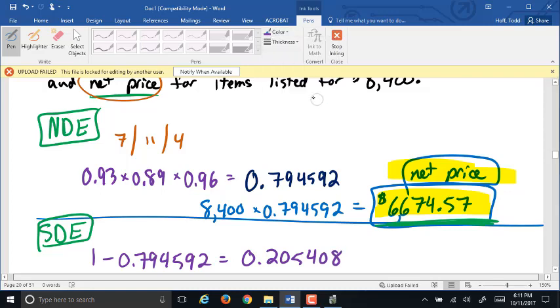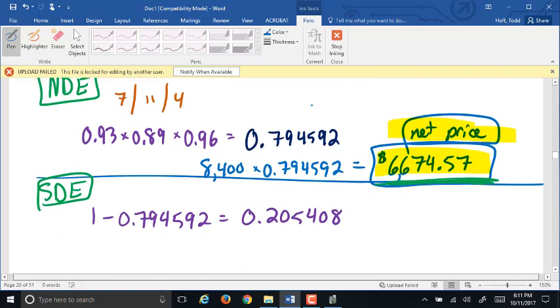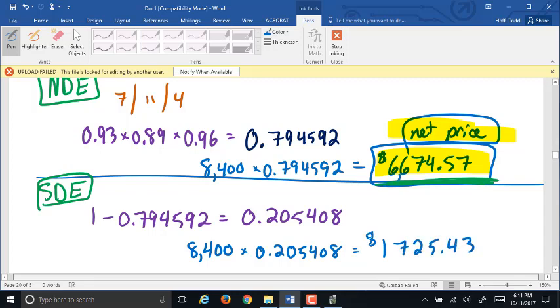How would we use that single discount equivalent to find the discount? List price of 8,400 times 0.205408, which is going to give us 1,725.43?